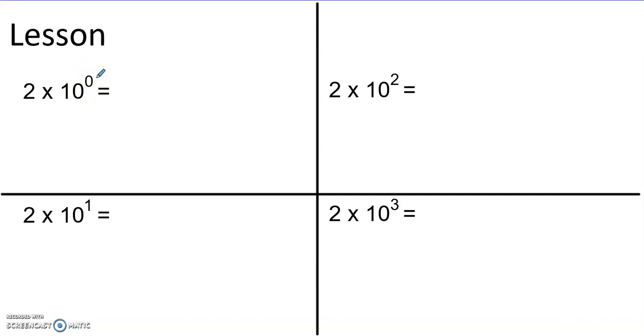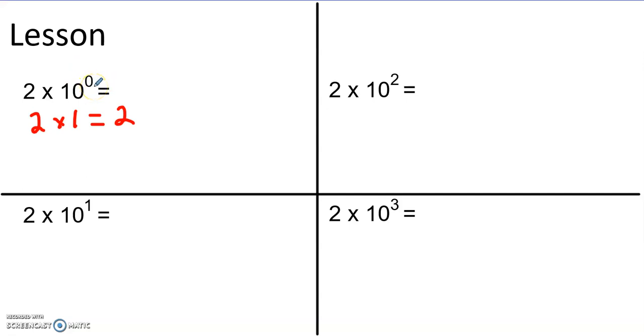When it's a 0, no matter what the base number is, the solution is always 1. So in this problem, 2 times 10 to the power of 0 actually means 2 times 1, which gives us a solution of 2. This is the only exception to our rule from the video on exponents, if the exponent itself is a 0.